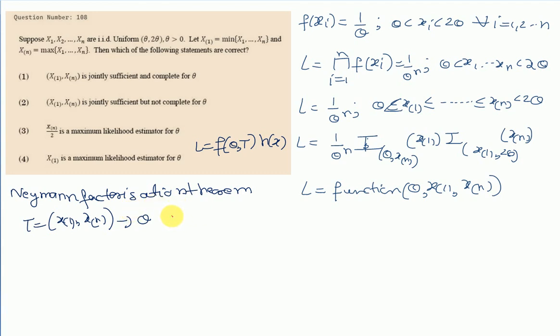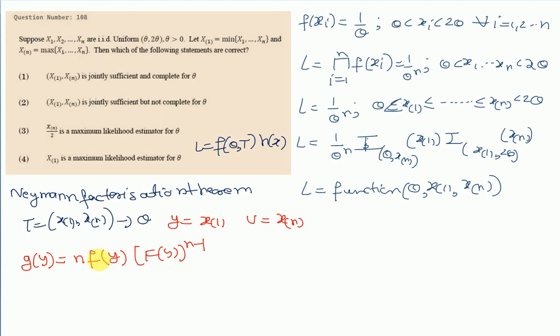So let us write y equals the minimum of x and u equals the maximum of x. Then the density function of y, taken as g of y, can be written as n of f of y times (1 minus capital F of y) raised to power n minus 1.